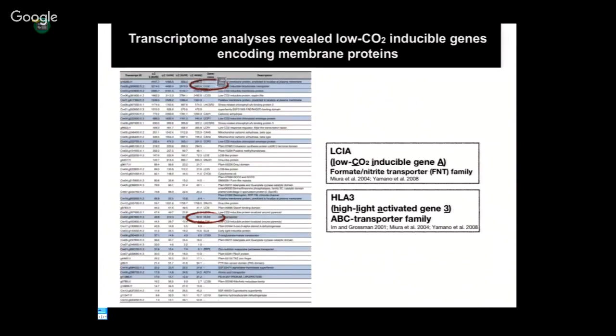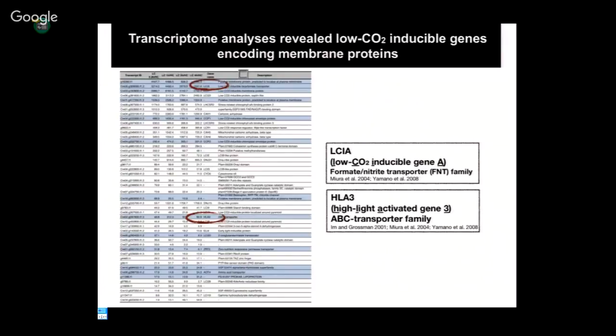We named it LCI-A, low CO2 inducible protein A. By chance, my student named them LCI-A, B, C, D, E, F, and some other group named them LCI 1, 2, 3, 4, 5, 6.